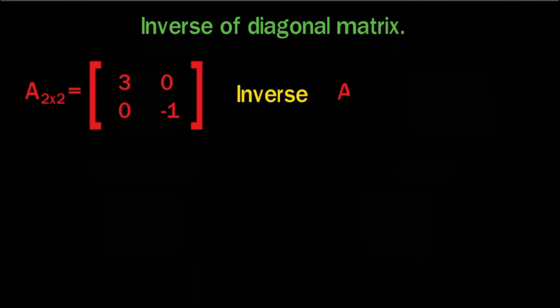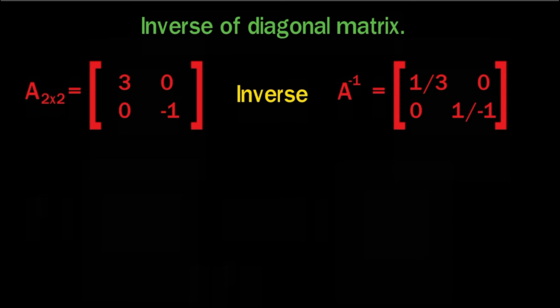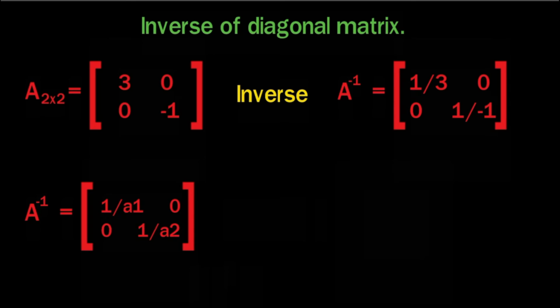The inverse of this diagonal matrix has 1 over 3 and 1 over -1 on the diagonal. So to remember, the inverse of the diagonal matrix is 1 over A1, 0, 0, 1 over A2, where matrix A is A1, 0, 0, A2.